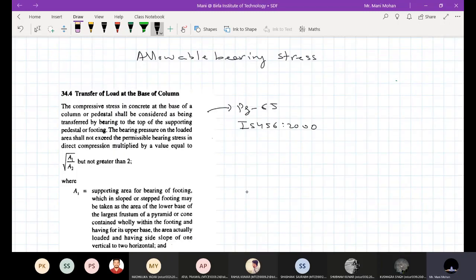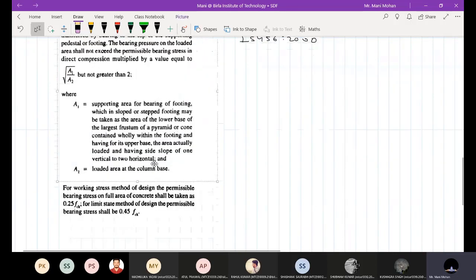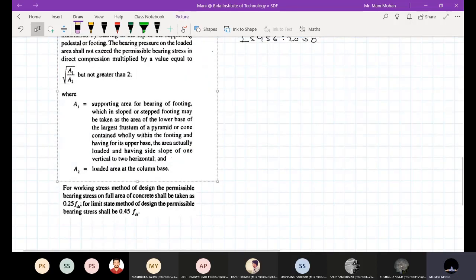Since I will be dealing with limit state method, for limit state method of design, the permissible bearing stress shall be 0.45 FCK. But actually this 0.45 FCK has to be multiplied by root over A1 by A2. If you read this, the bearing pressure on the loaded area shall not exceed the permissible bearing stress, 0.45 FCK in direct compression, multiplied by a value equal to root over A1 by A2.